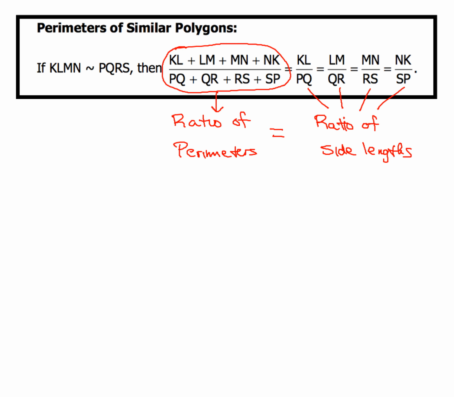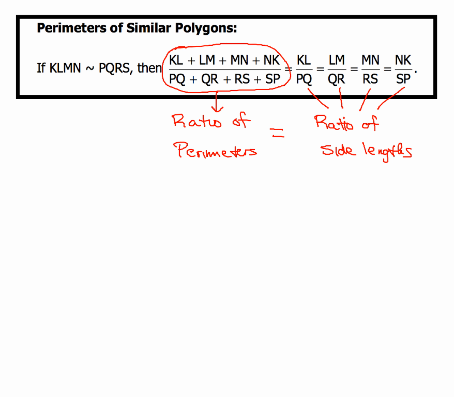So that first piece just means a ratio of perimeters. Each one of the other pieces is going to be the ratio of each one of the pairs of corresponding side lengths. So if you know the ratio of the perimeters, you can use that to help you figure out any of the side lengths.